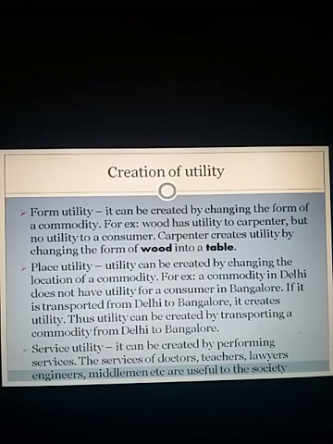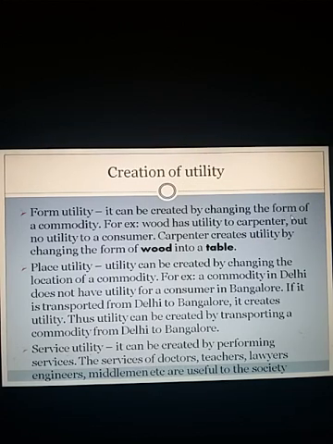For them, it has a utility. But when those textile industries or a weaver convert that cotton into cloth, then cloth is a final product which has utility to the consumer. Thus, under form utility, remember one line: we create utility by changing the form of a commodity.